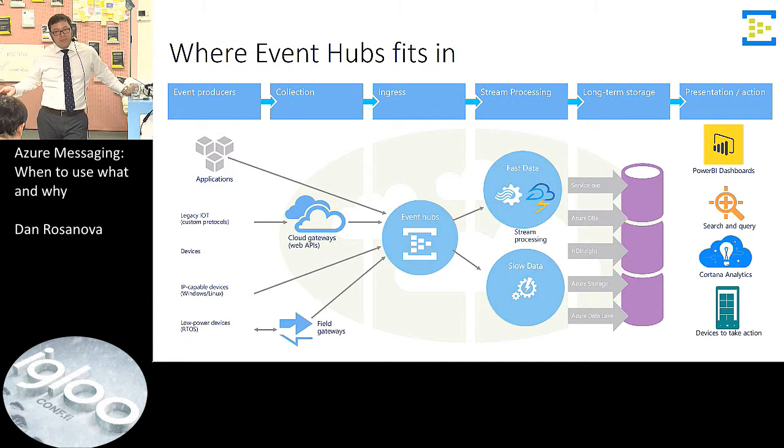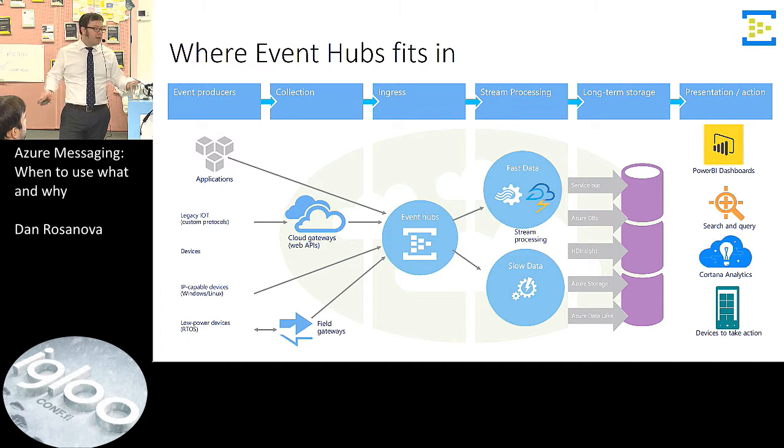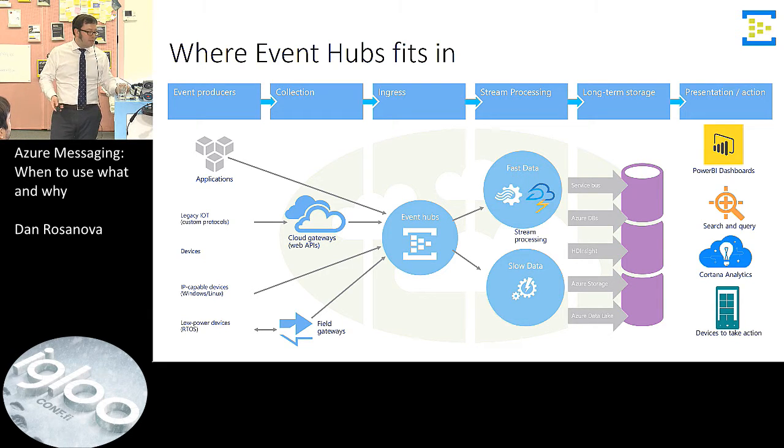So when you look at where this fits in for things you're building, this is the architecture we commonly see for telemetry in Azure. If you change the boxes, it could be some other cloud platform or somewhere else. We see this is a one-way flow from left to right, of data coming out of devices, coming out of servers, moving into the cloud, and then moving further down, all the way to presentation and action, where people interact with this stuff.